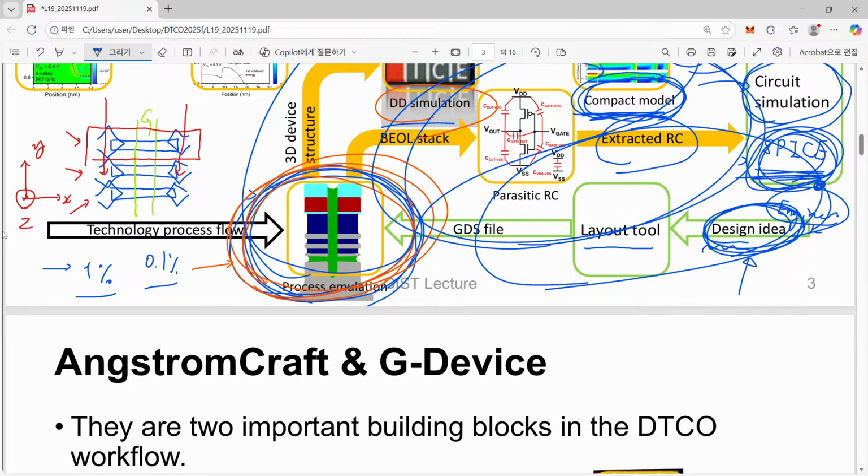But if one change in our technology knob introduces about 1% difference in performance, then the engineers feel that something happens, and that is a really important improvement.